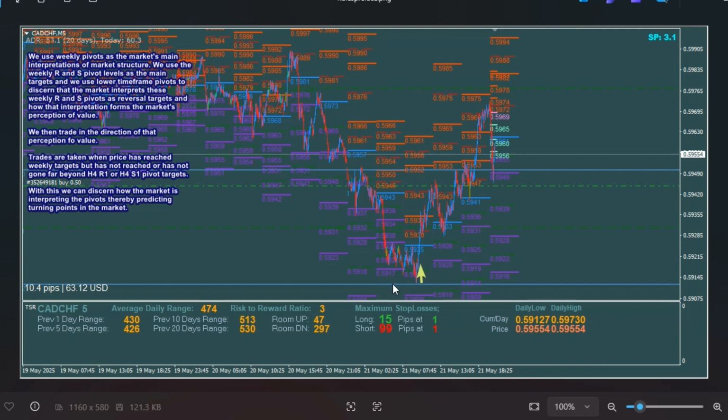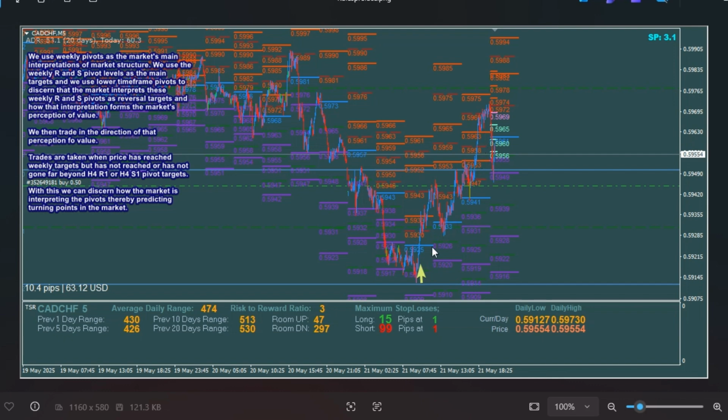The market can interpret the weekly S2 target as a level to break below and continue to drop further, or the market can interpret this weekly S2 level as a level where price will bounce up from and reverse and move to the upside.